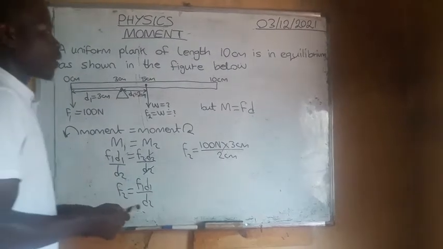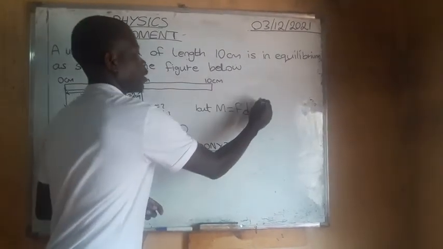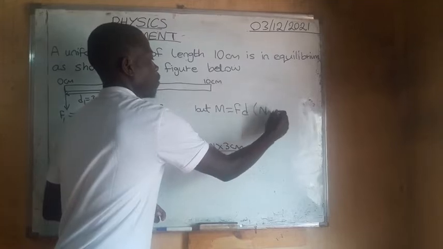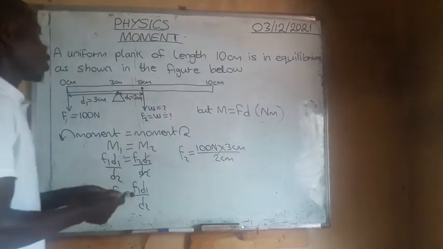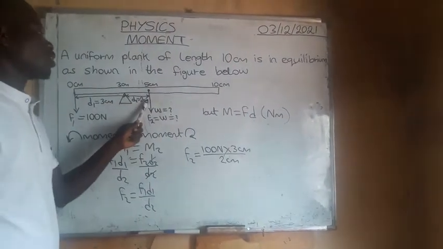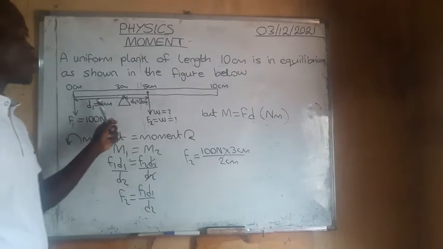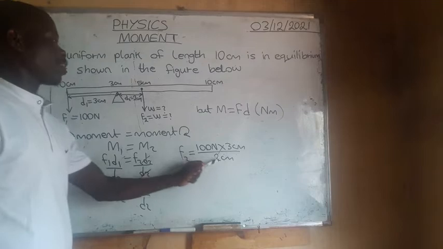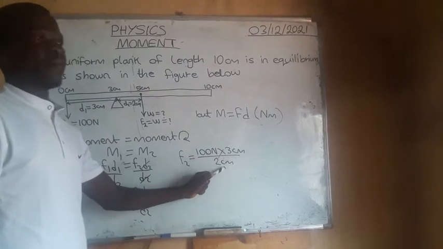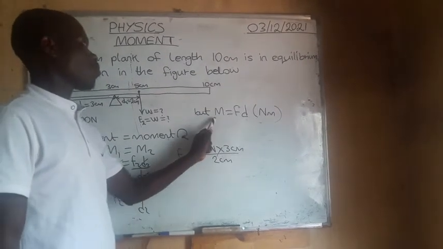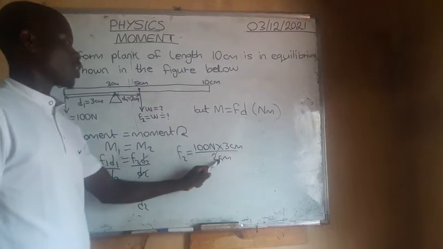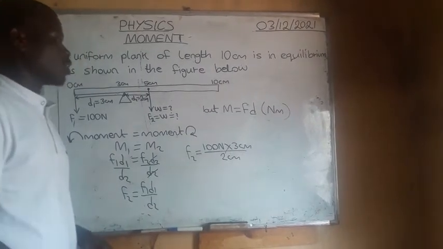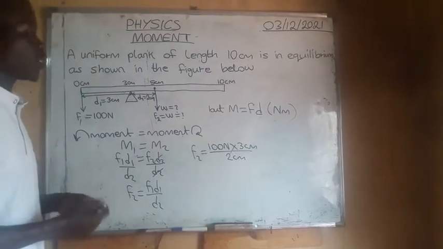Remember, moment is calculated in newton meters, but here we have centimeters. Since centimeters cancel each other, I've replaced directly without converting. But in the actual sense, when you're asked to find the moment, you have to make sure that your distance is in meters, not in centimeters.